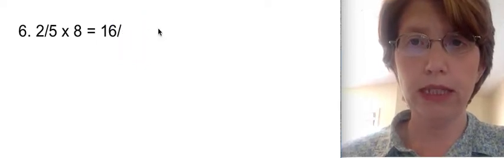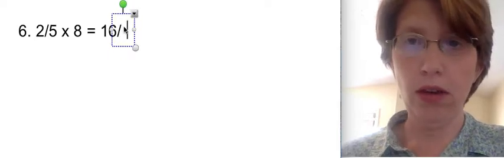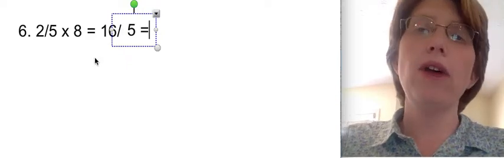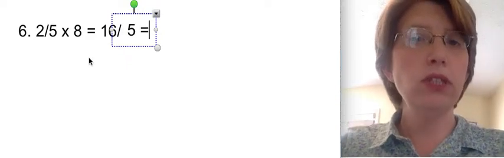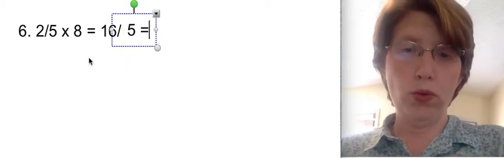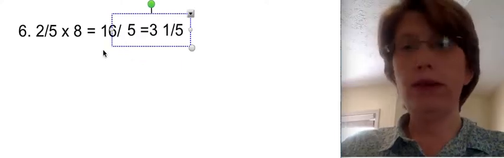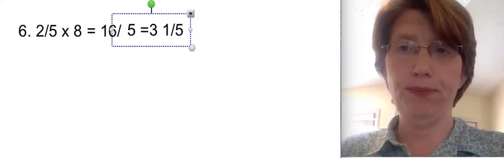The computer's being stubborn today. Okay, let's fix it. So 16 divided by 5. 5 goes into 16 3 times with a remainder of 1. So it would be 3 1/5.